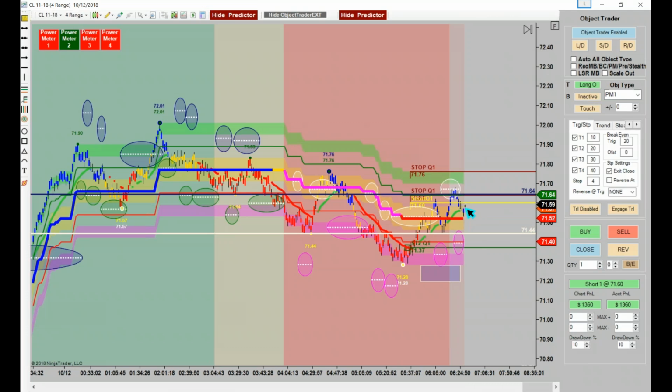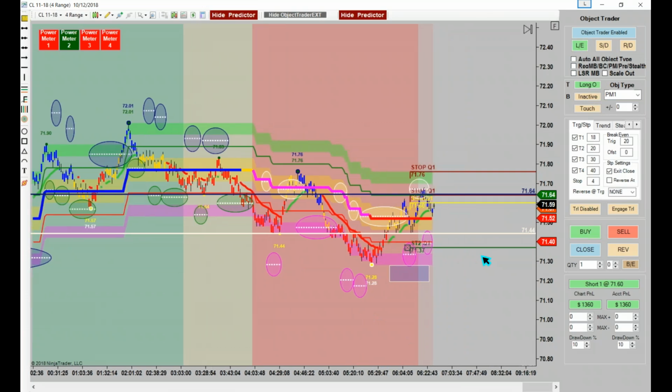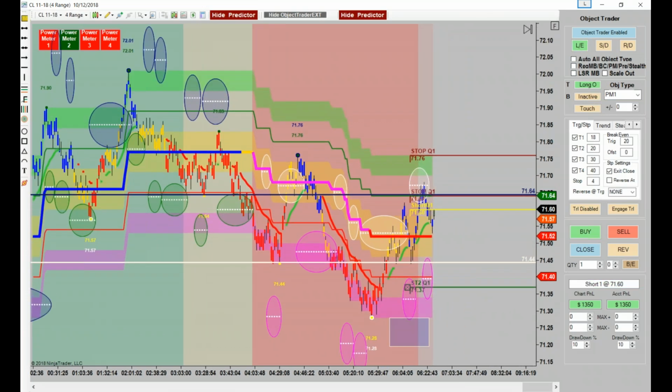And I've got my stop in just in case. Let's see if it goes any lower. We could even turn on PM just in case it decides to go up instead. Lower high. Everybody see what we're doing here?